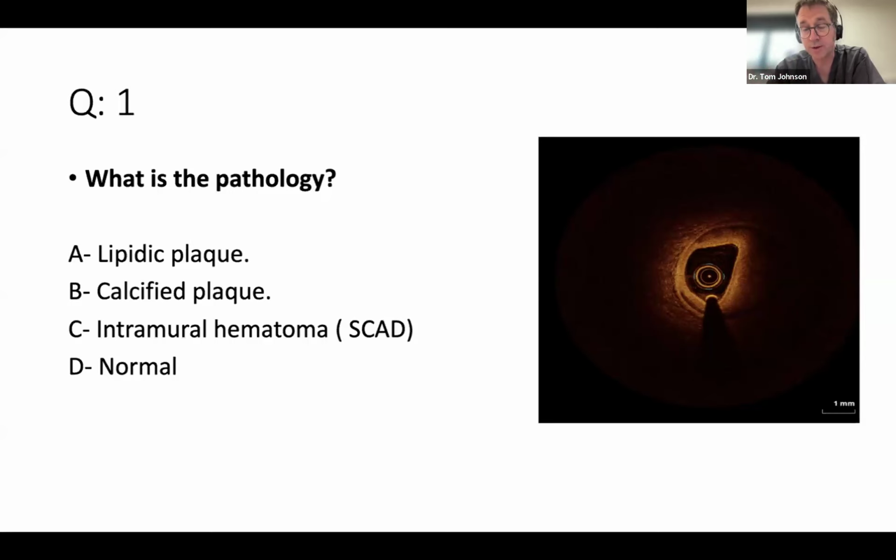Now we've done some interesting work with a series of SCAD OCT patients where this is always called intramural hematoma, but there are actually occasions where the intramural space isn't filled with blood, it's filled with material that allows the light to pass. You can quite clearly demarcate the adventitial plane as well. It seems to vary from case to case.